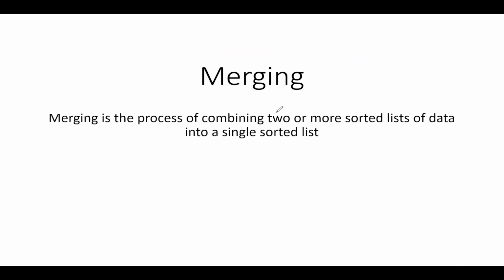Merging is the process of combining two or more sorted lists of data into a single sorted list. Remember, it can be a sorted list as well as an unsorted list, but here we will be concentrating more on sorted lists. When I talk about lists, here we are talking about a collection of elements, and it has to be in sorted order.